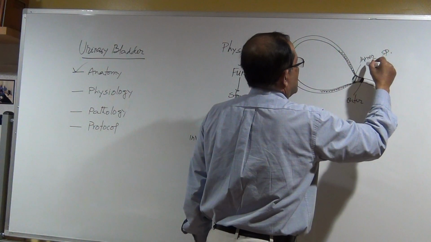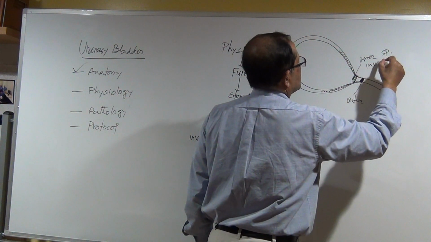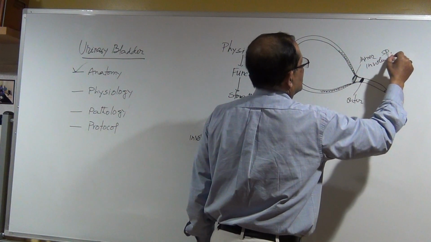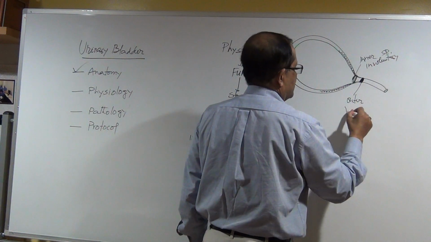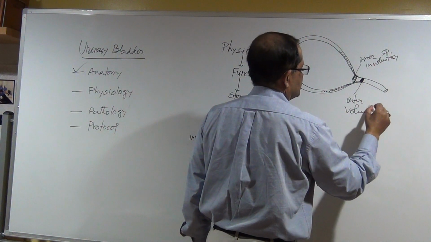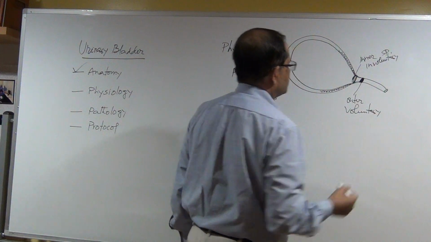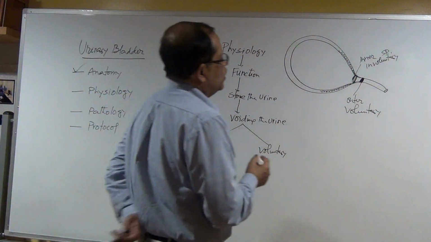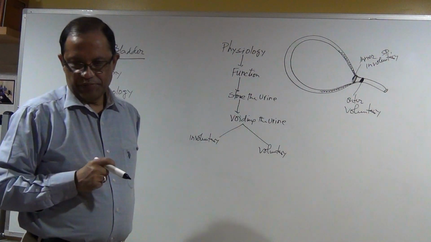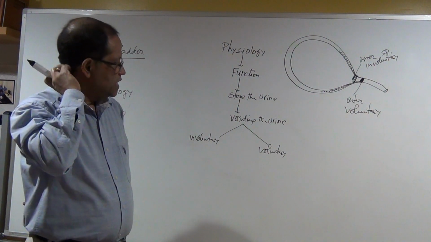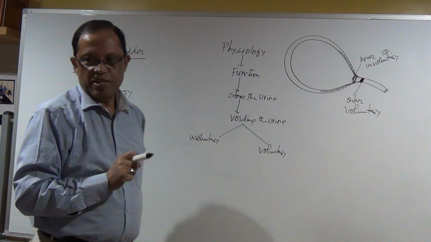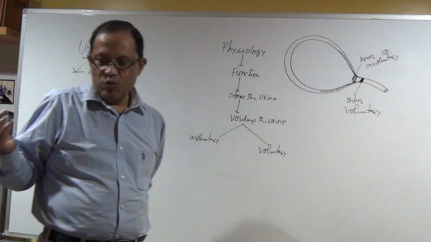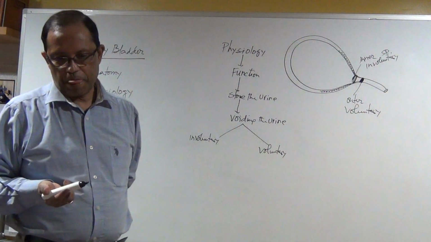This is involuntary and this is voluntary. Okay? So now, just give me the idea. Okay, you draw first, then I will give a very good tip actually on how we do voiding.